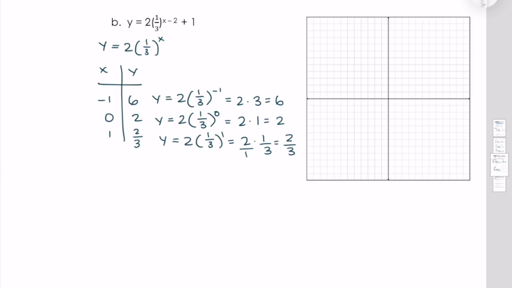Okay, plotting those points, plotting (-1, 6), (0, 2), and (1, 2/3). Again, don't be too particular about the fractions and the decimals.